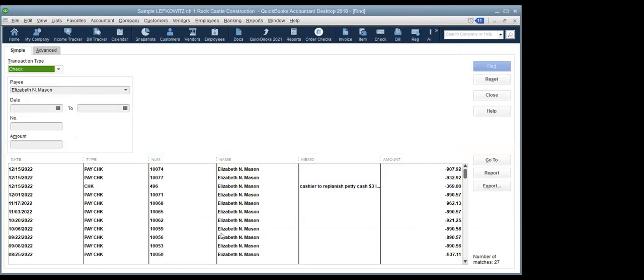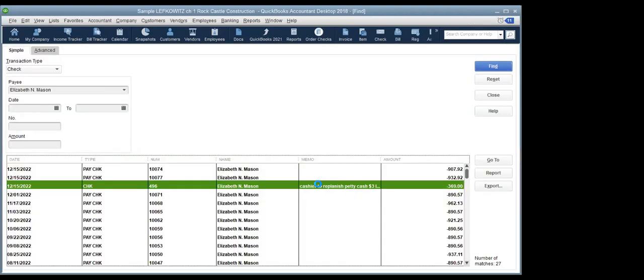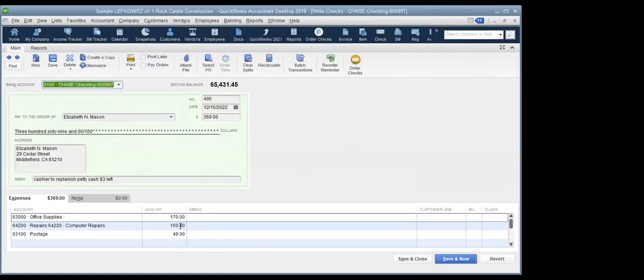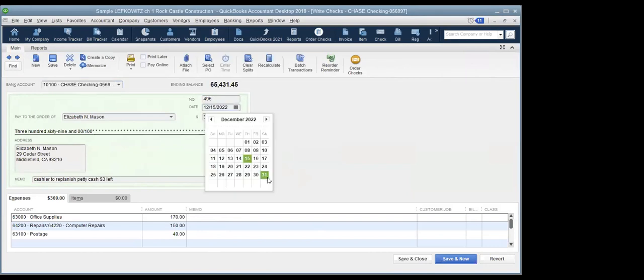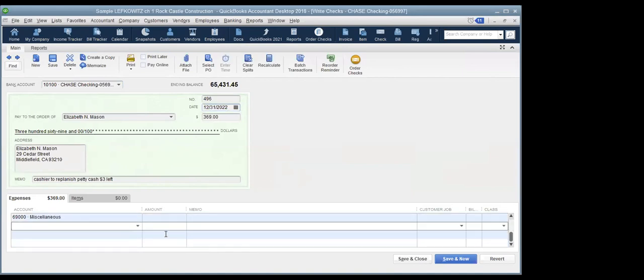Find me the check with Elizabeth Mason, cashier to replenish the check. Here it is. Okay, so some of them I left as 0. I have 369. I'm gonna do it at year end, first of all. And I want the amount to be 497.